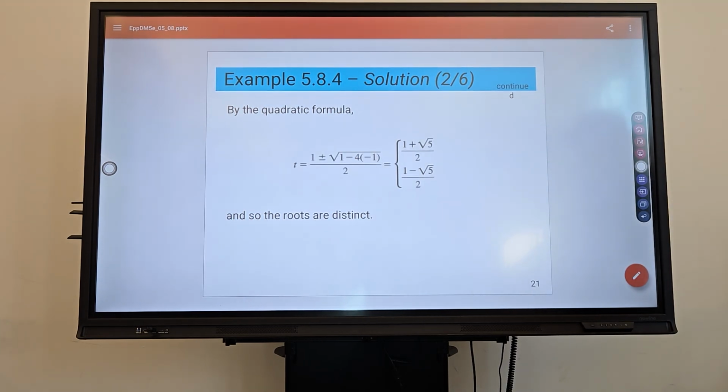By the quadratic equation, it has two roots, and they are distinct: 1 plus square root of 5 over 2 and 1 minus square root of 5 over 2.